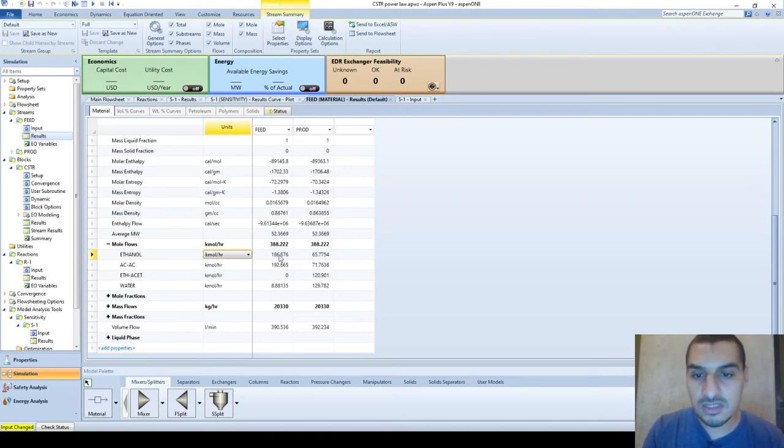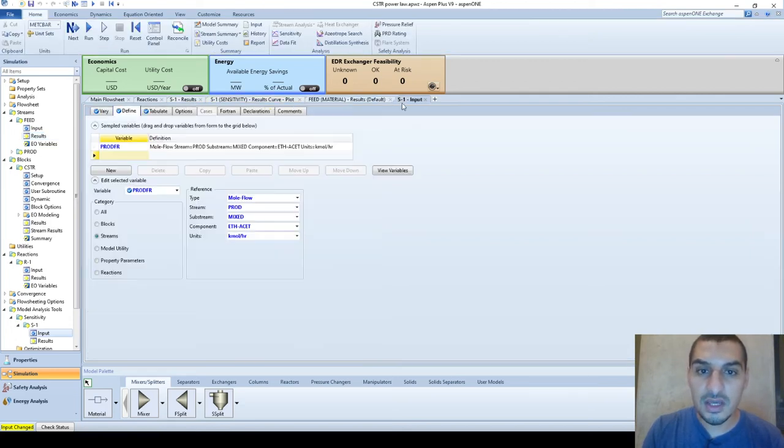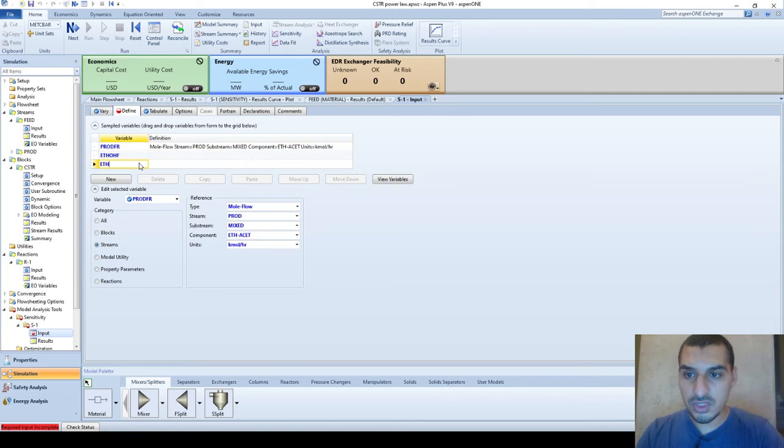So ethanol is the limiting reactant. So in the Fortran code that I'm gonna write here, I want to define the ethanol in the feed and the ethanol in the product stream. So I'm gonna define a new variable, which is ethanol in the feed, and I'm gonna define one more, which is ethanol in the product.